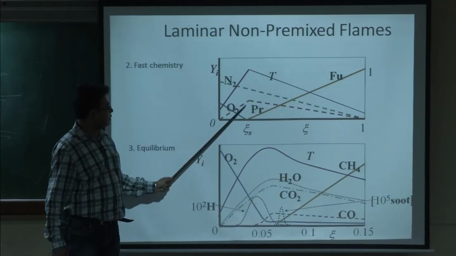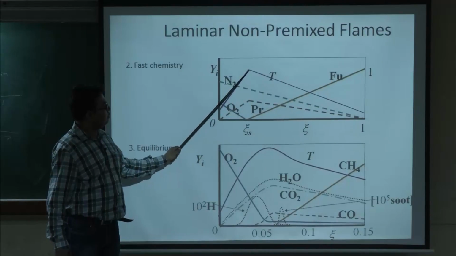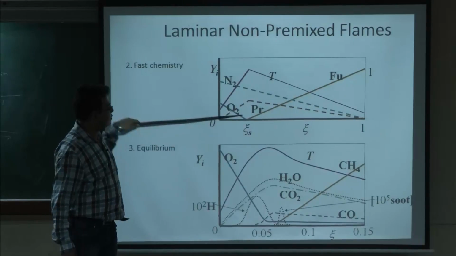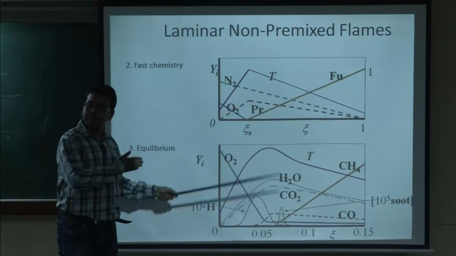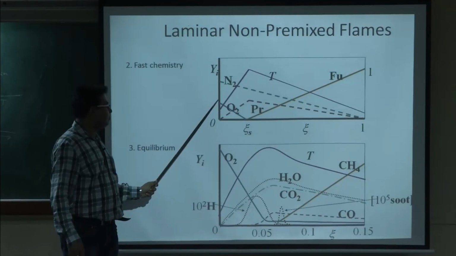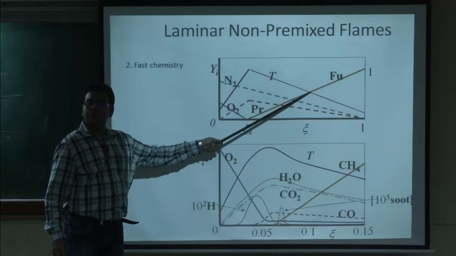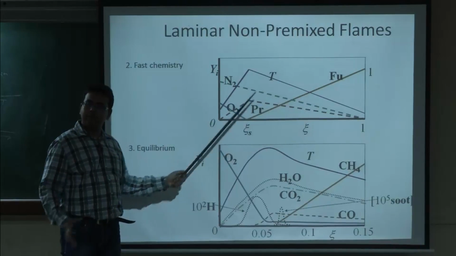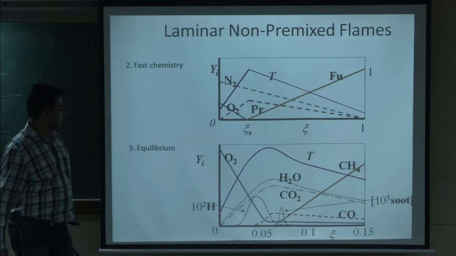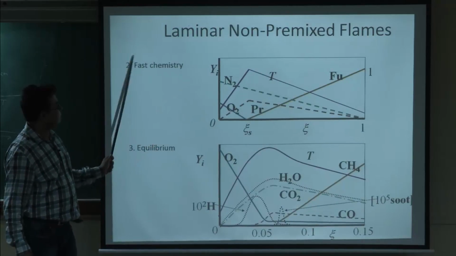It will be just like the product. You now know the expressions of these lines. We have done the simplified analysis, and we know the variations of oxidizer, fuel and temperature in the inner and the outer region. So this is the fast chemistry.